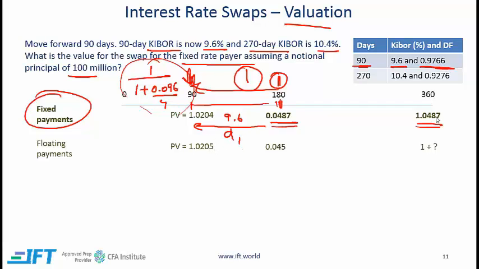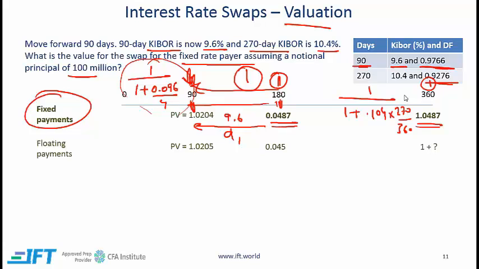What about the present value factor for 1 unit of currency received on day 360? Here the present value factor is 0.9276, and I'll do that calculation also very quickly. The present value factor is 1 over 1 plus the rate of 0.104 into 270 over 360, because from 90 to 360 we have 270 days.